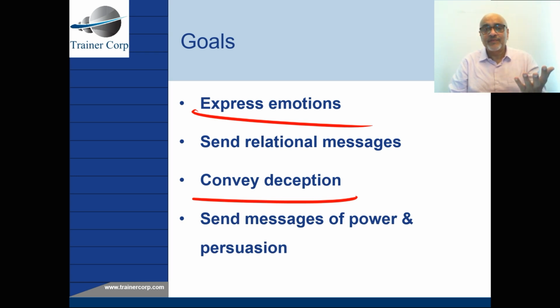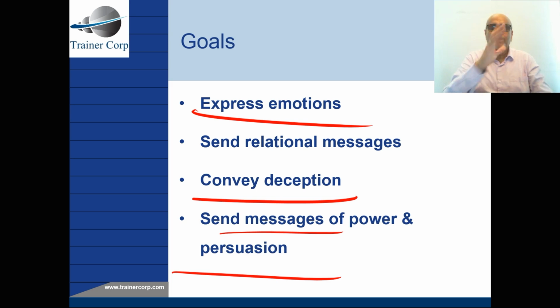Actors make us believe it's real. Actually, it is not. It is not real life. So actors are experts at deception using body language. They are the best. A 21-year-old can play a 60-year-old through makeup, through mannerism, through body language, through paralanguage. So body language can send messages of power and persuasion.